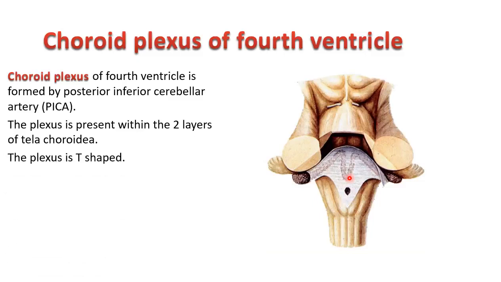It is T-shaped. You are able to see it is T-shaped, with a vertical limb and a horizontal or transverse limb. So a pair of vertical limbs, because one posterior inferior cerebellar artery and the other posterior inferior cerebellar artery give rise to this choroid plexus. So what happens?